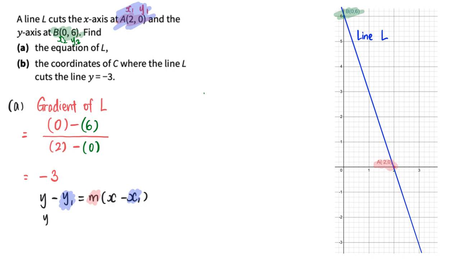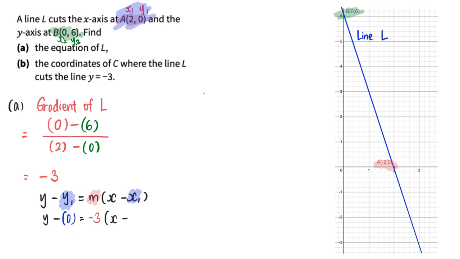I will have y minus my y1, which is 0, equals m, which is negative 3, times x minus my x1, 2.